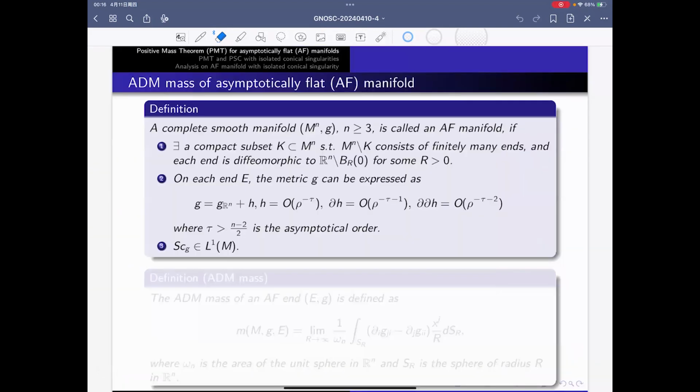Let's start with the asymptotically flat manifold. That's a complete smooth manifold, and it has a compact set, and the complement of this compact set consists of finitely many ends, and each end is diffeomorphic to R^n minus a ball.